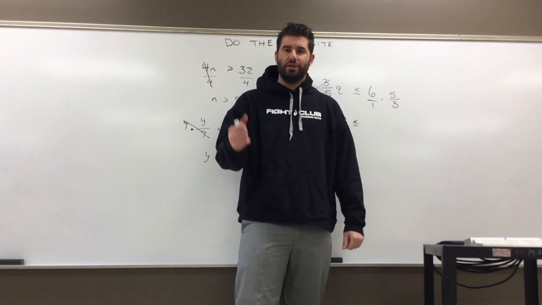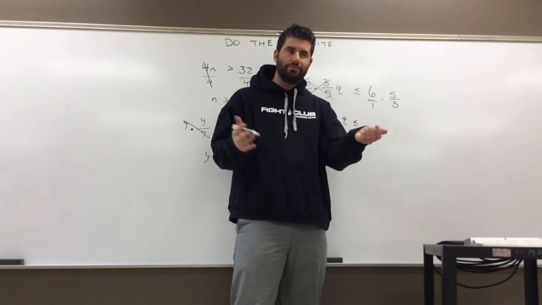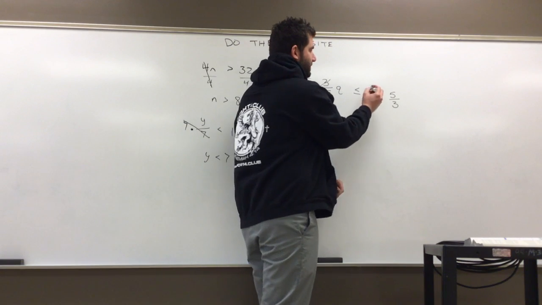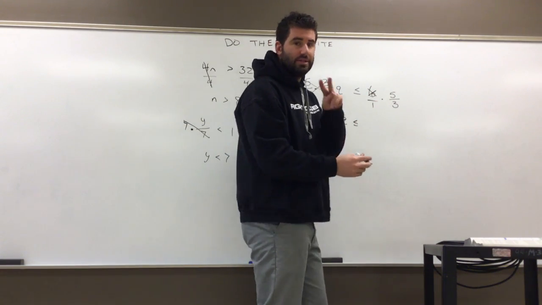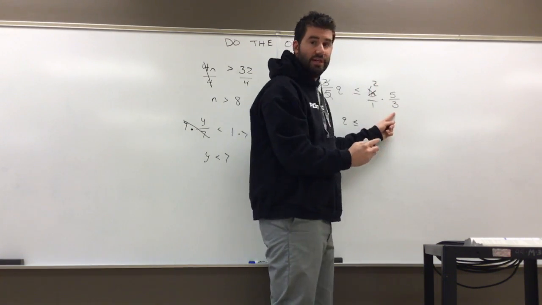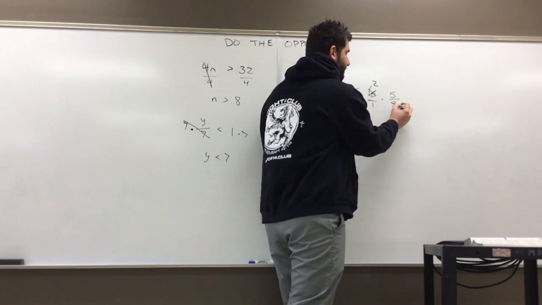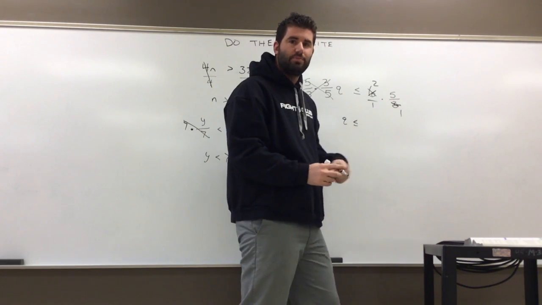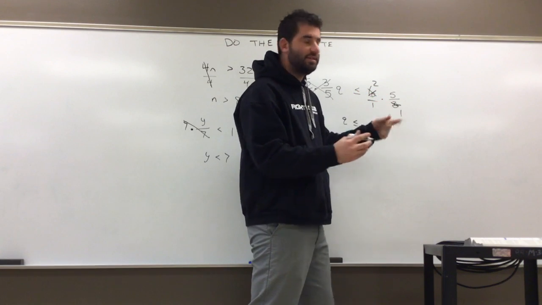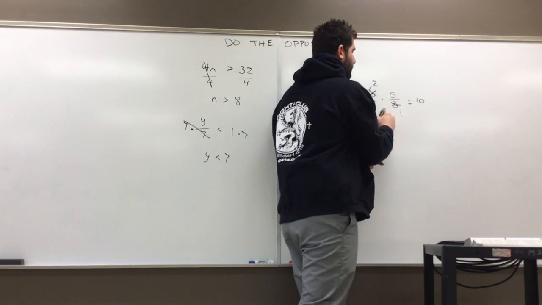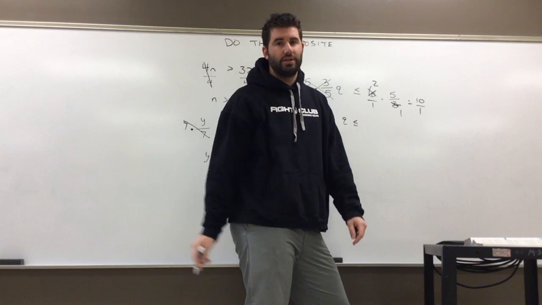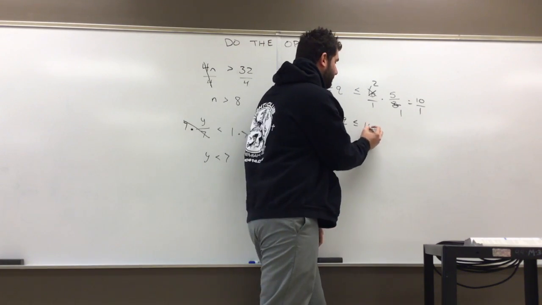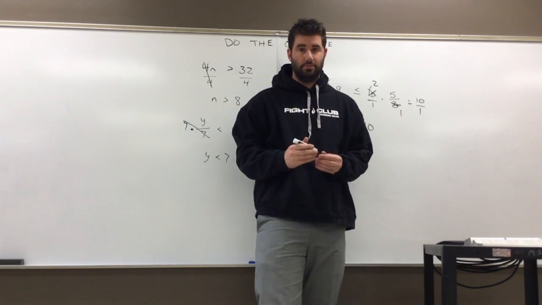What's a number that goes into 3 and goes into 6? 3 does. 6 divided by 3 is 2. 3 divided by 3 is 1. Now when I multiply this out, 2 times 5 is 10. 1 times 1 is 1, so my answer would be 10.